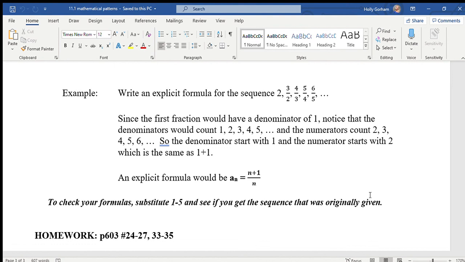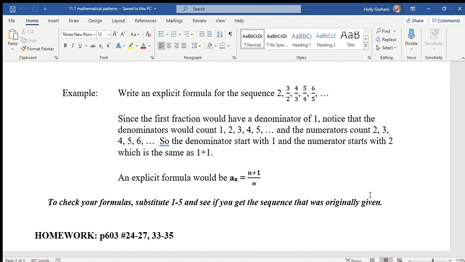Whereas your numerators start at 2, 3, 4, 5, 6, and so on. So if you wanted an nth term formula, you would end up with n plus 1 over n, because n would be your starting number. Like if you're going to start with 1, that starts you with a 1 on the bottom. And if you did 1 plus 1 on the top, that gives you 2.